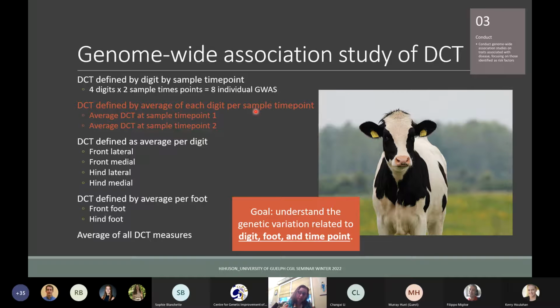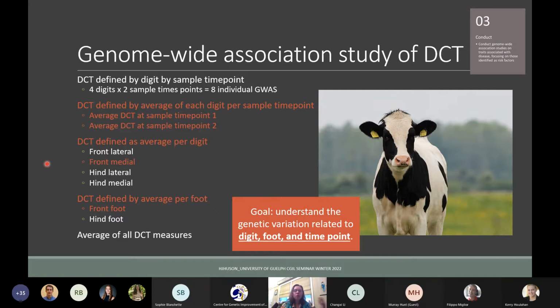There were times where it was thinnest and times where it was thickest. We also found that you could look at just the average thickness for any digit. We could put this down to specific digits or digits per foot. And we could see, did any of these give us unique results per foot or per digit? And we also said, okay, we have so much data.